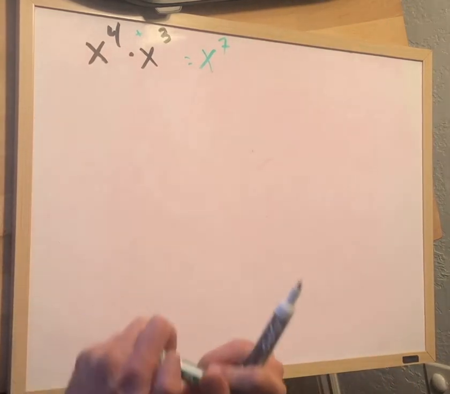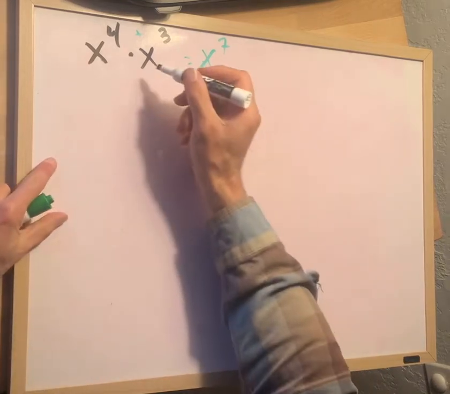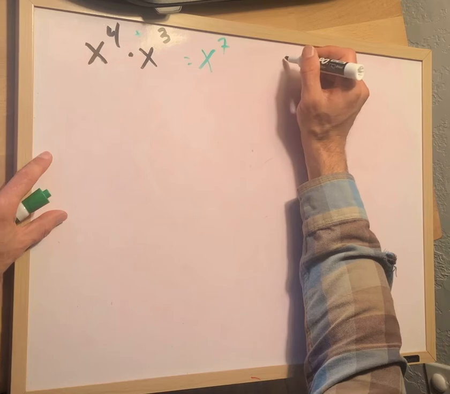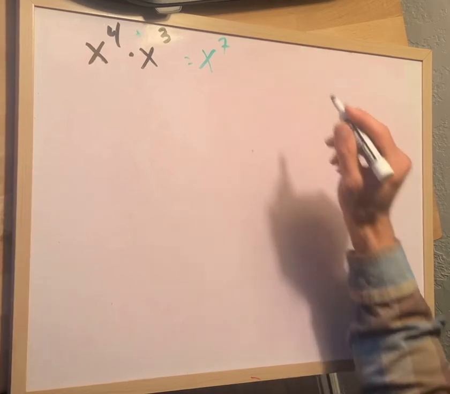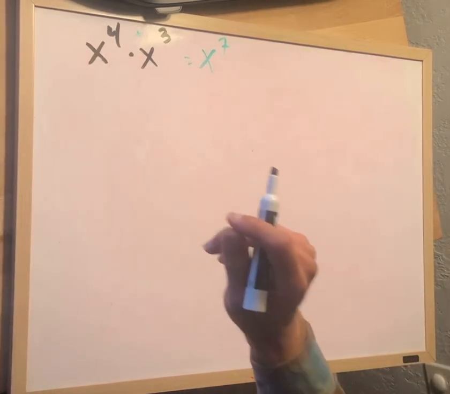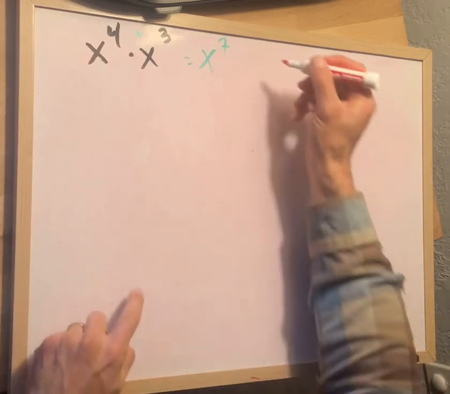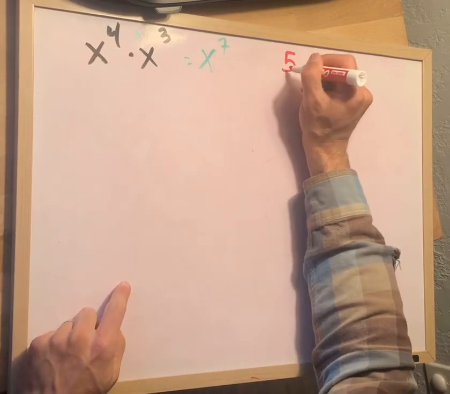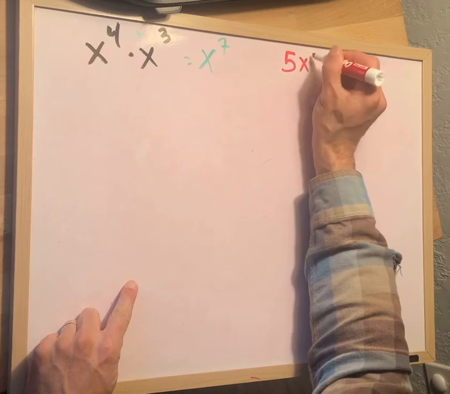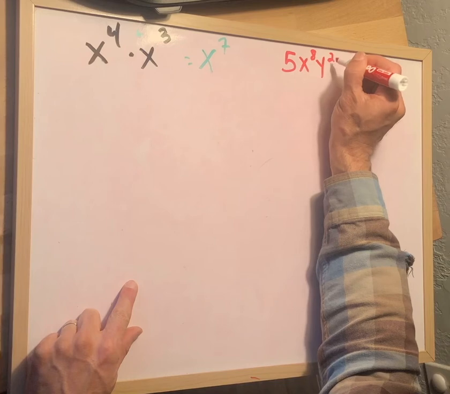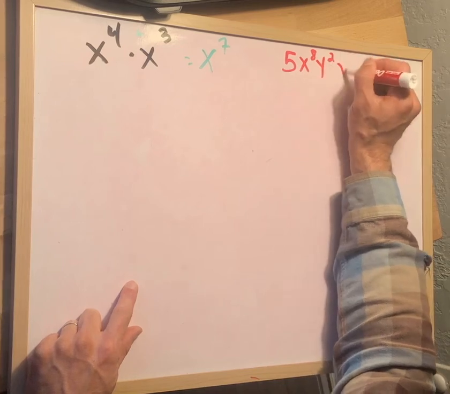Now, sometimes they're going to give you a couple parts to it. Let's take, for example, an example question. Let's say we have 5x to the eighth, y to the second, x to the ninth.